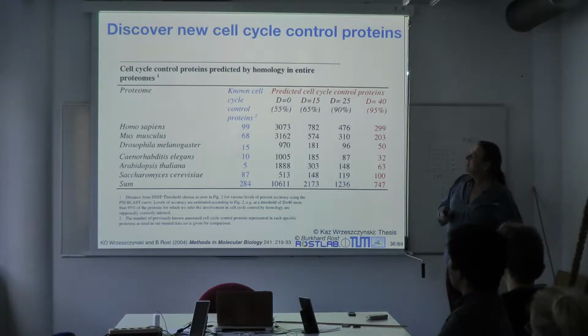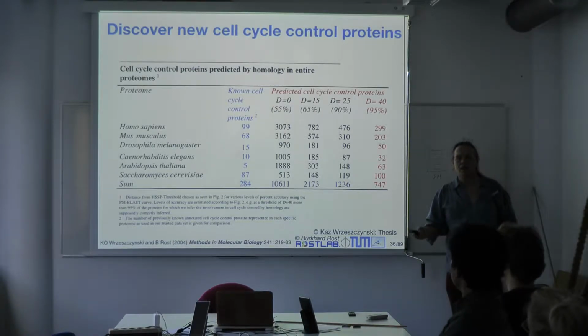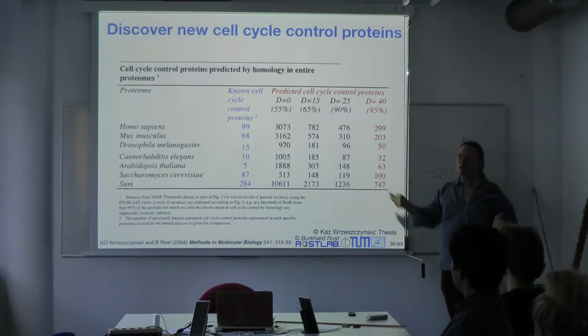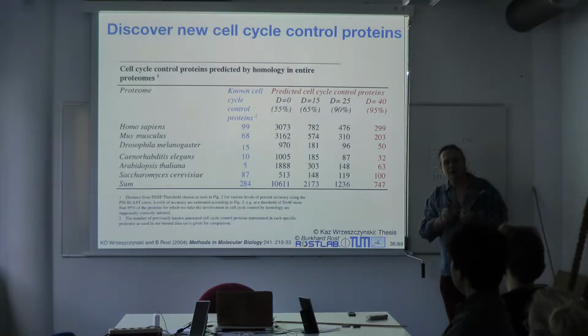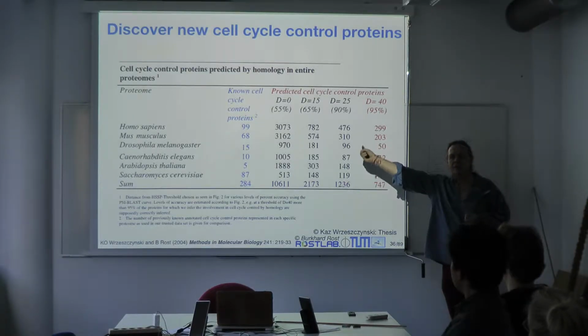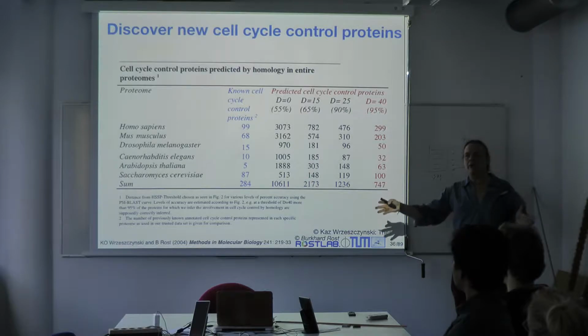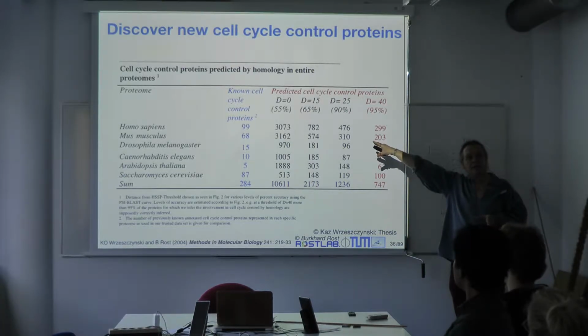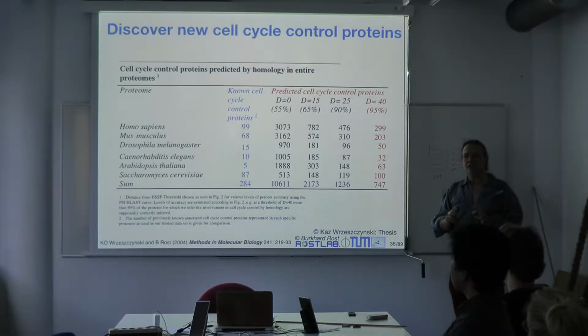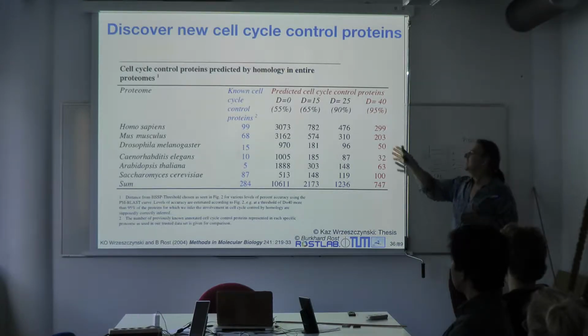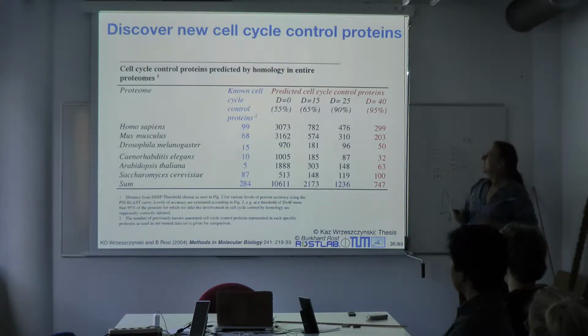And once you have done the entire thing, you can simply run particular organisms such as human and find all the proteins in human that are related to something that is already known. Then at given thresholds, you can define your error rate. So for every entry in your hypothetical set of cell cycle proteins, you can come up with an accuracy that says, this is at that percentage sequence identity, at that similarity in terms of sequence, and that gives me an estimate.